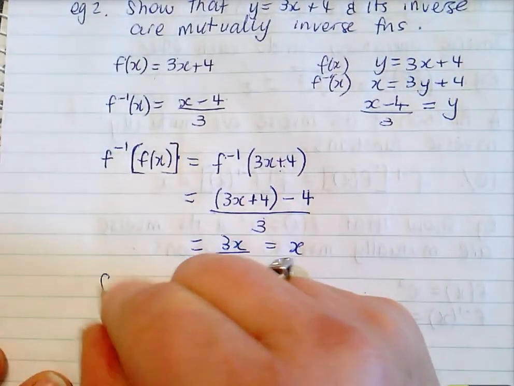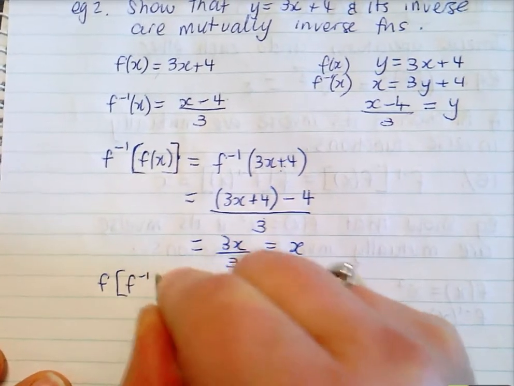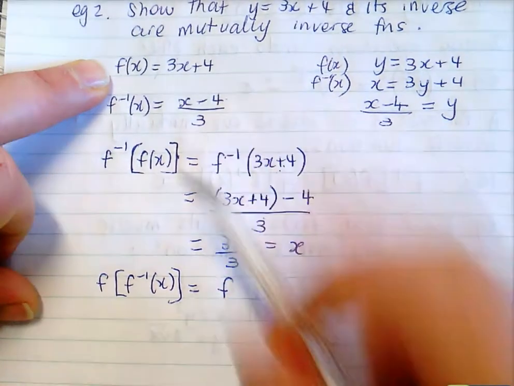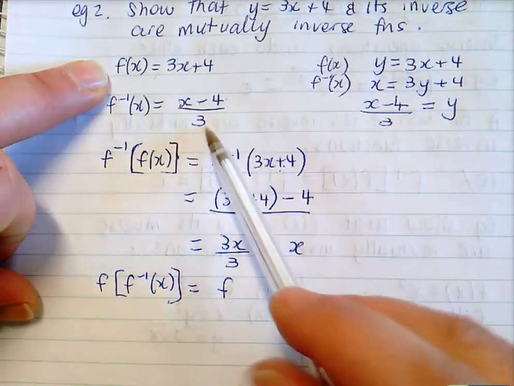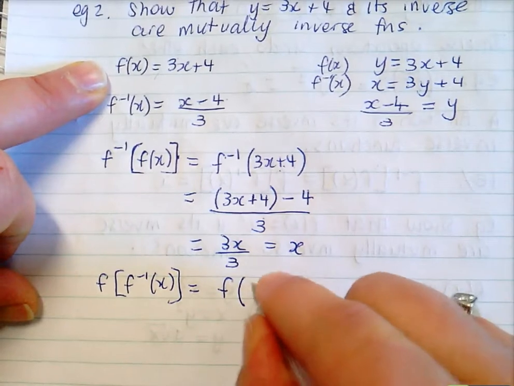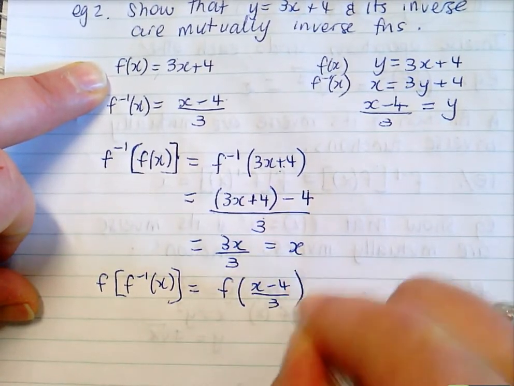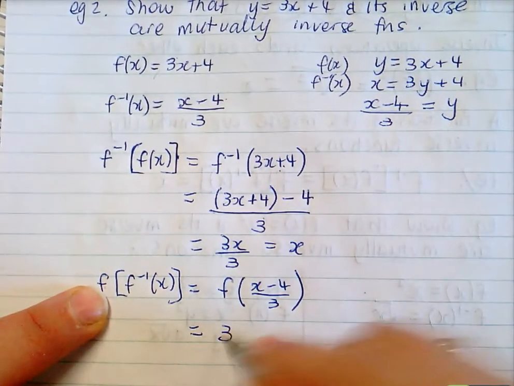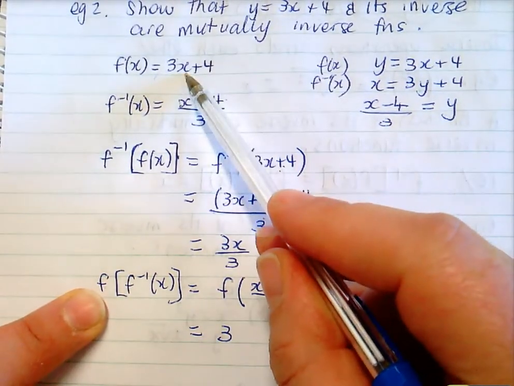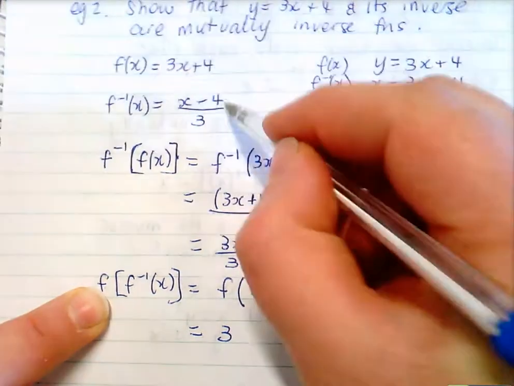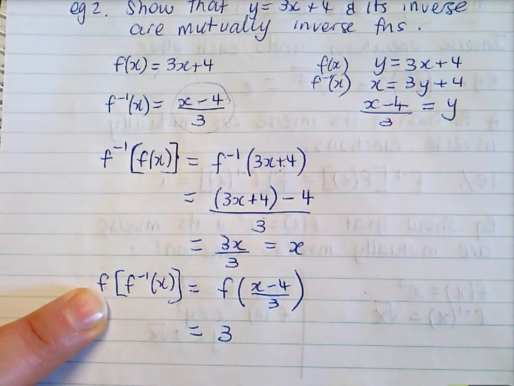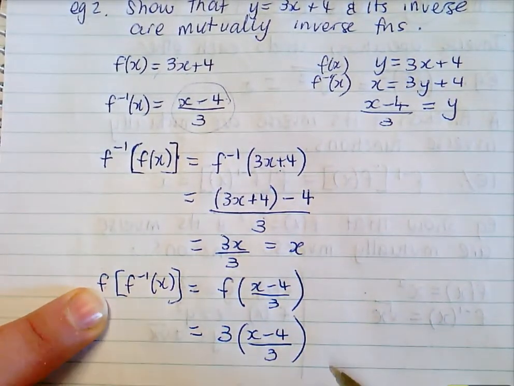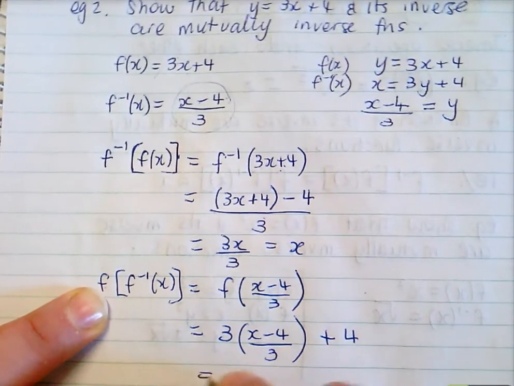Now, the function of the inverse function, so that's telling me start with my function, which is 3x plus 4, but I'm substituting the inverse function into it, so it's the function of x minus 4 over 3. With this x, I substitute in x minus 4 divided by 3, then plus 4.